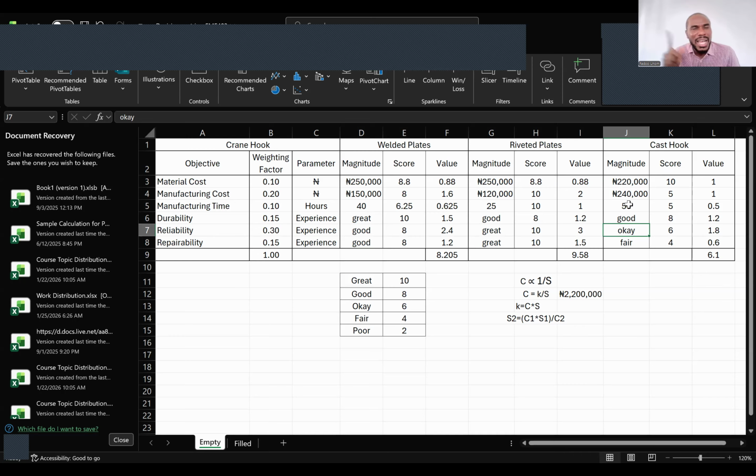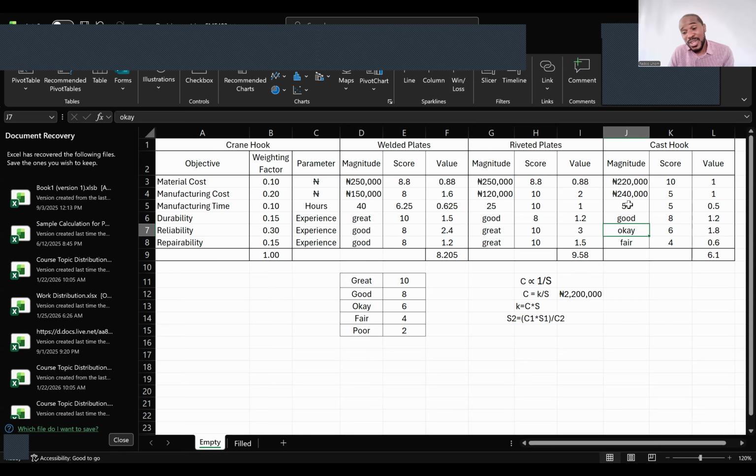Did you consider others? So someone will come and say, no, cast hook is the best option. How much is the material for cast hook? Brother, you will spend 220,000 and you want to go and spend 250. Then you stand there looking confused because you did not use objectivity.